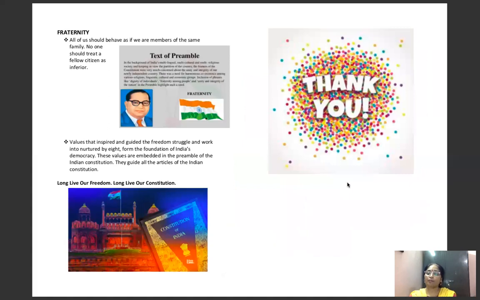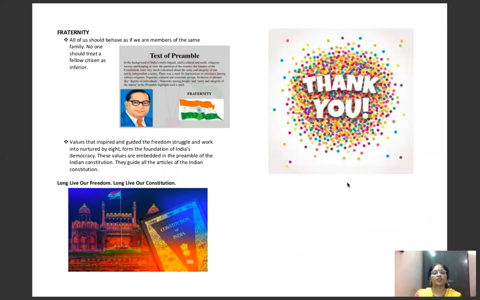Next, we see fraternity, and this is the last word which is enshrined in the preamble. Fraternity means brotherhood. You already know, we have done in the chapter French Revolution. So here, all of us should behave as if we are members of the same family. All the countrymen, and no one should treat a fellow citizen as inferior.